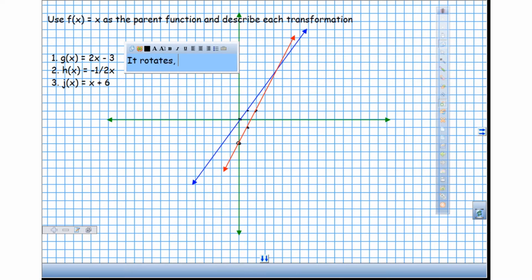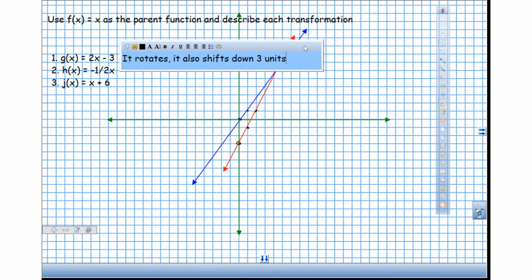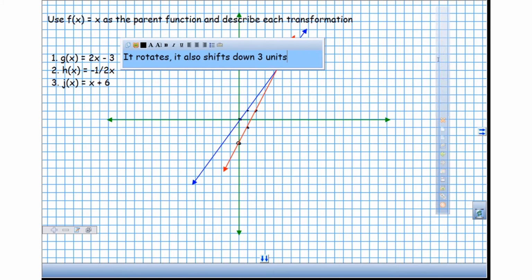It also shifts vertically, right? But it's going down how many units? 3. Okay, it goes down 3 units. And so that's kind of what we're doing here, just looking at it and seeing what's happening.